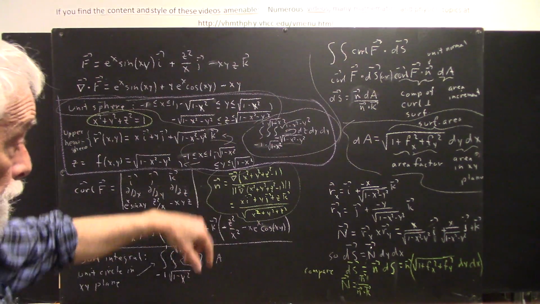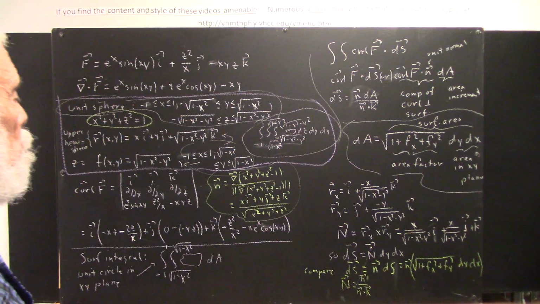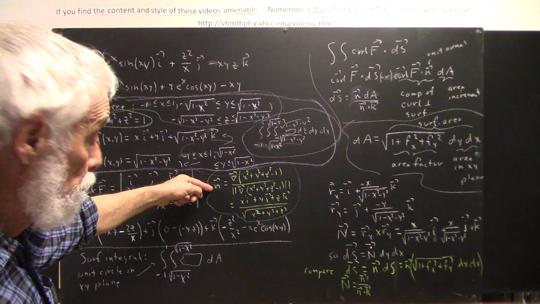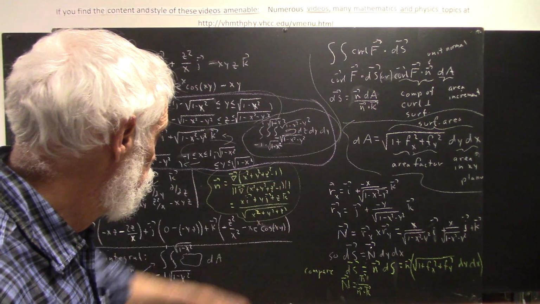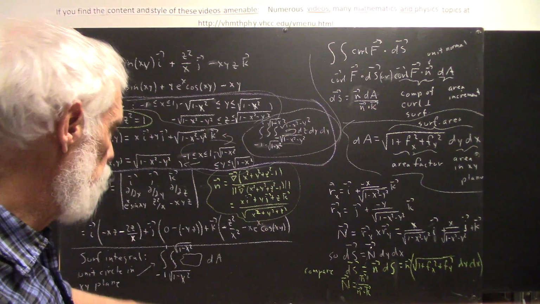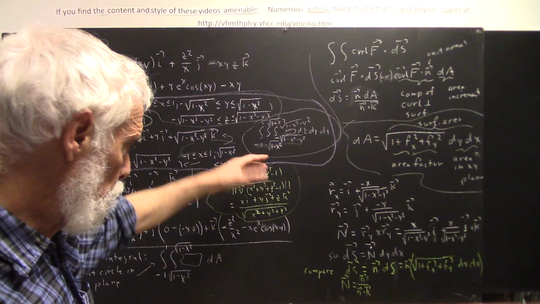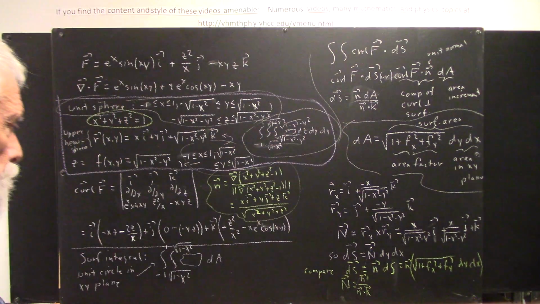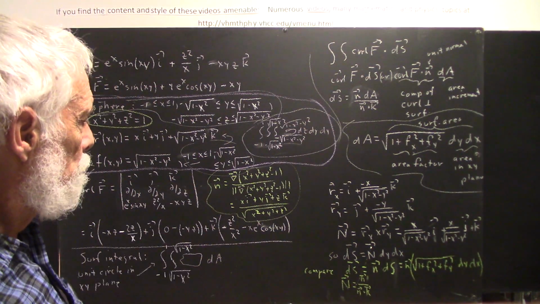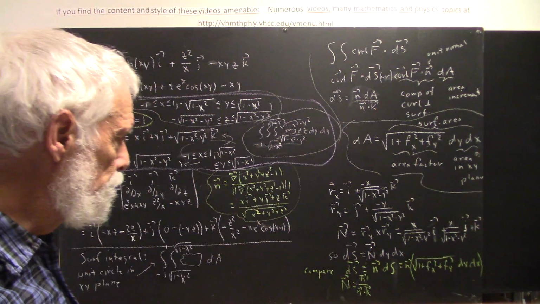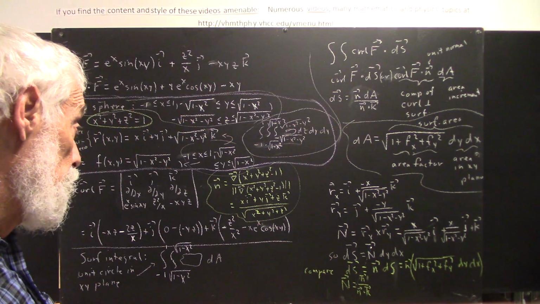So the gradient is just xi plus yj plus zk, and we normalize this normal vector by dividing by the magnitude of the gradient. Its magnitude is just the square root of x squared plus y squared plus z squared.